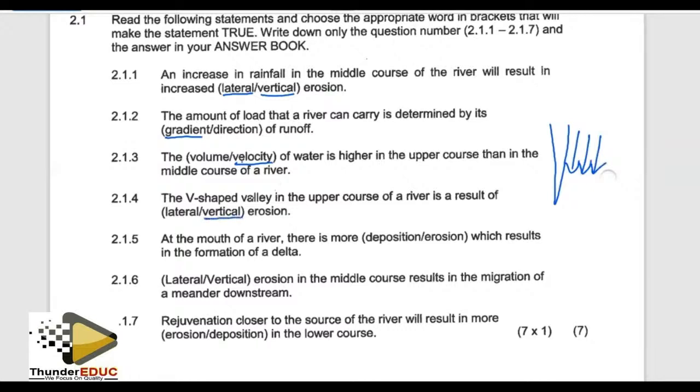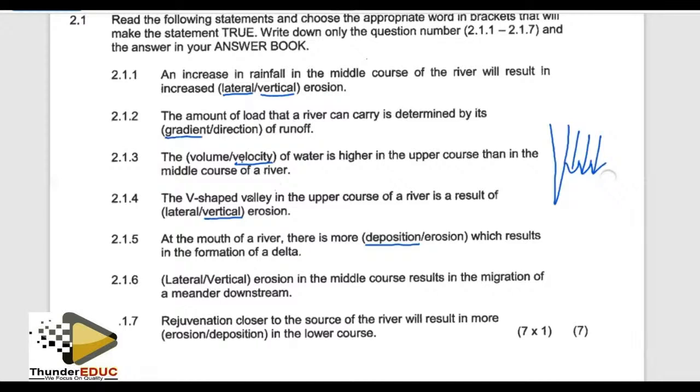So that's why we say that it will be due to vertical erosion. 2.1.5, at the mouth of a river, there is more deposition, which results in the formation of a delta. So what is a delta? A delta is a landform which develops due to deposition at the river's mouth. Okay.